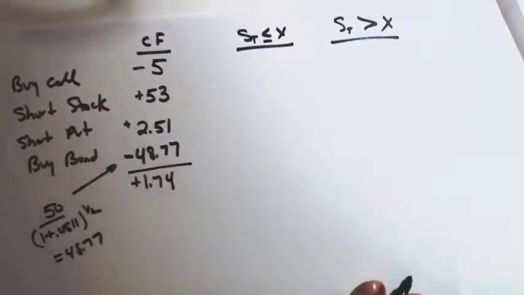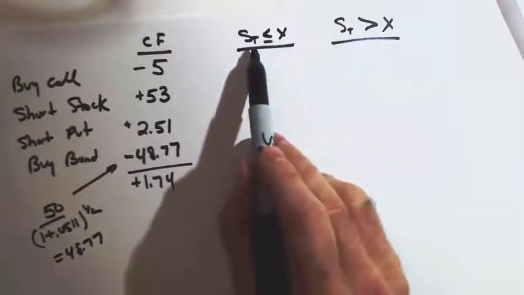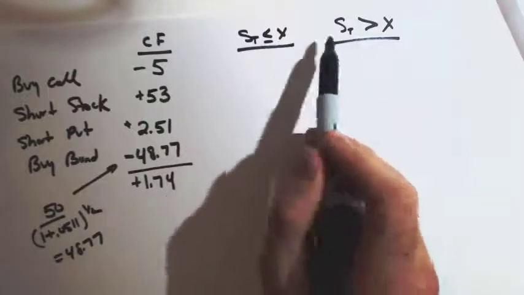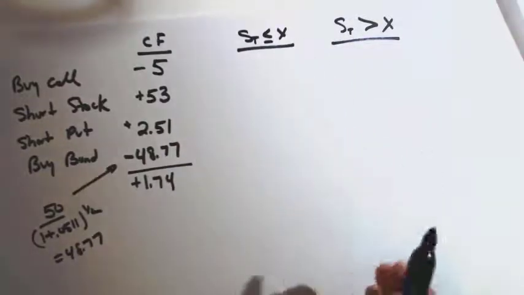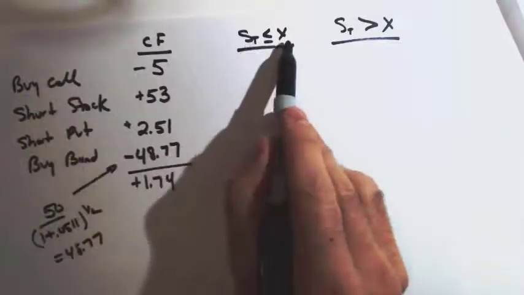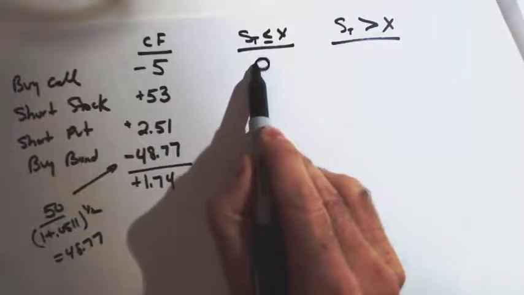Okay, now let's see what happens at expiration. You know it's at expiration because I got the little capital T's in there, so I don't really literally have to spell it out. Now, when I buy the call and the stock is less than the strike, the payoff is 0.